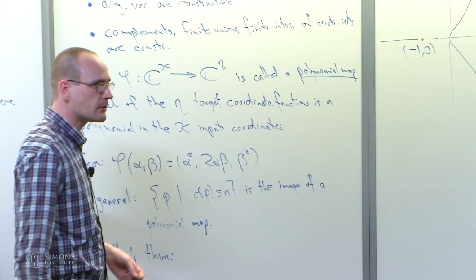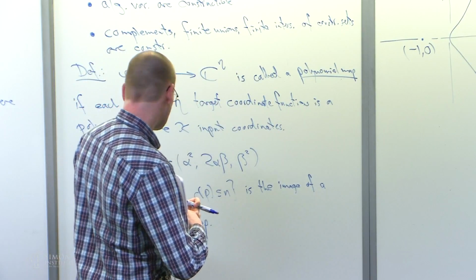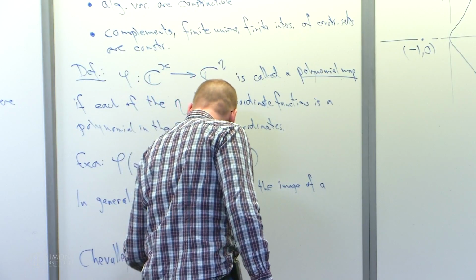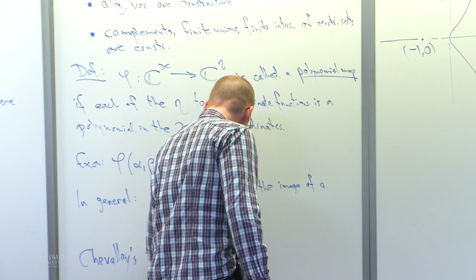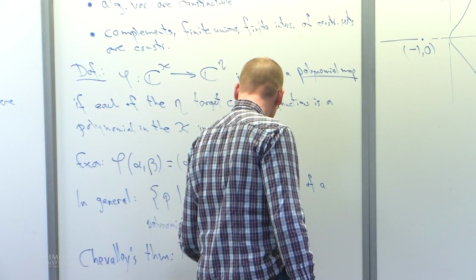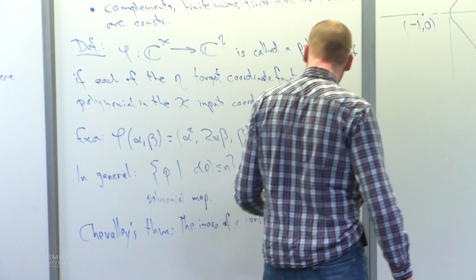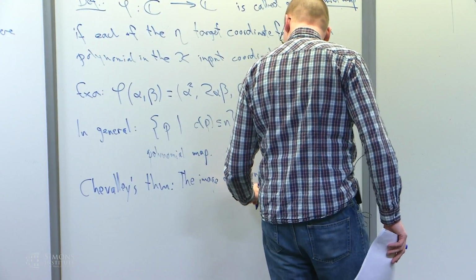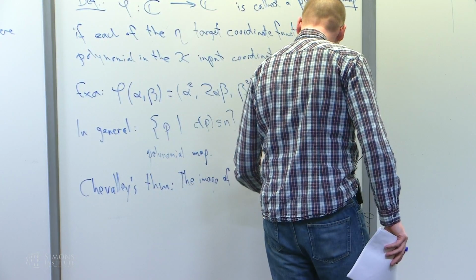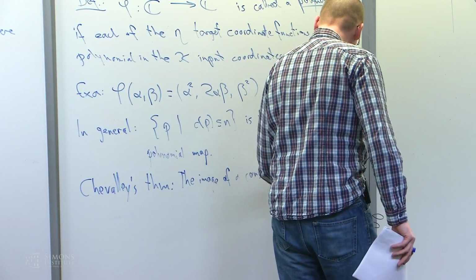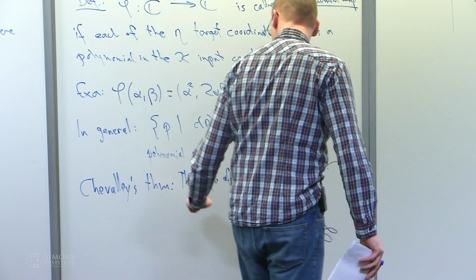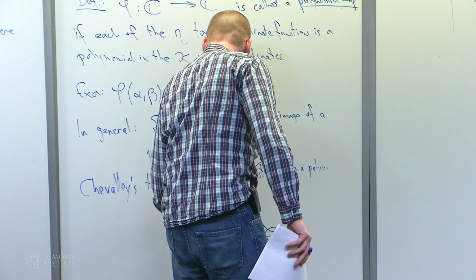Now you map it through this polynomial map, and you get something that's constructible. So that's the theorem. Constructible has a nice property now: the image of a constructible set under a polynomial map is constructible.